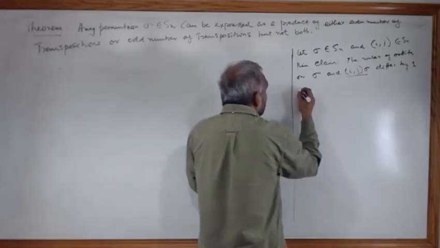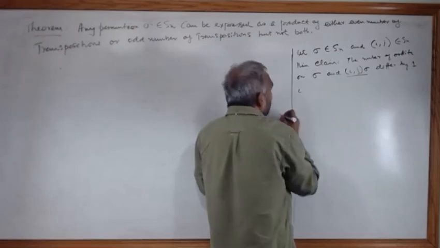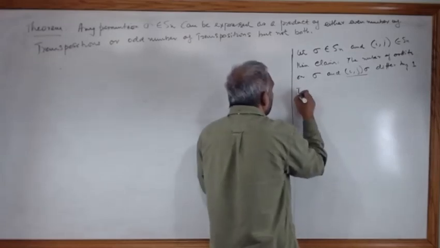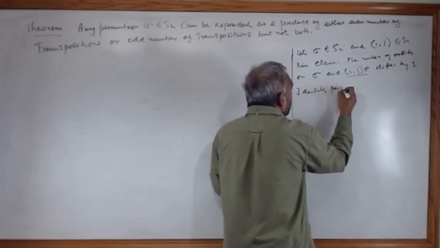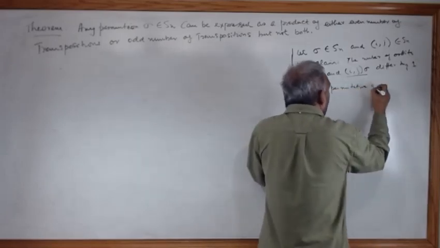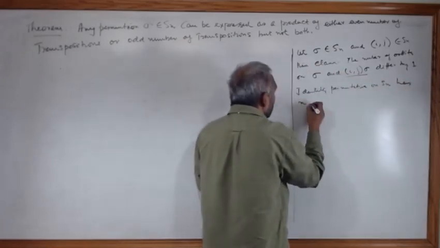Second claim is, actually it is a fact, that the identity permutation on Sn has n orbits.